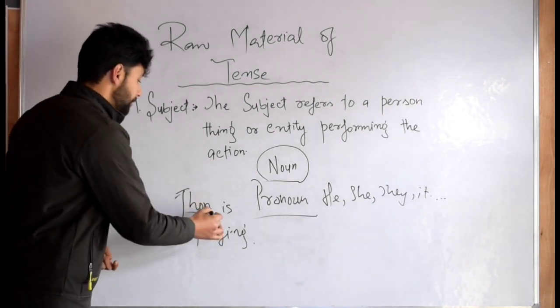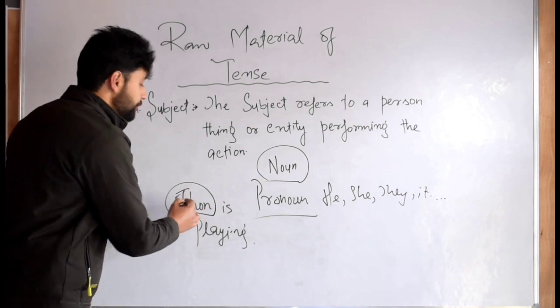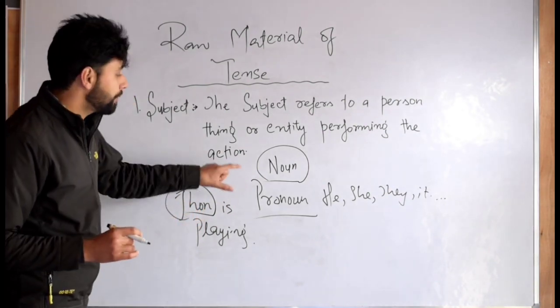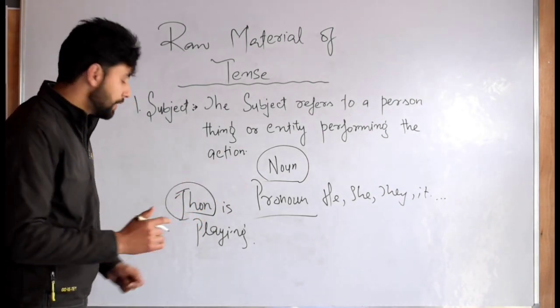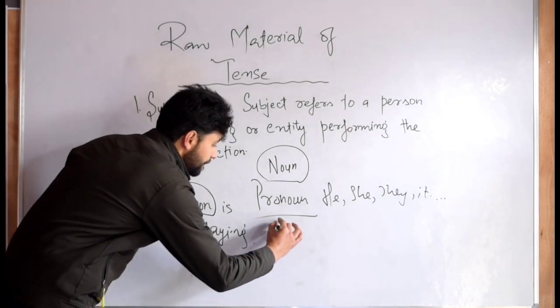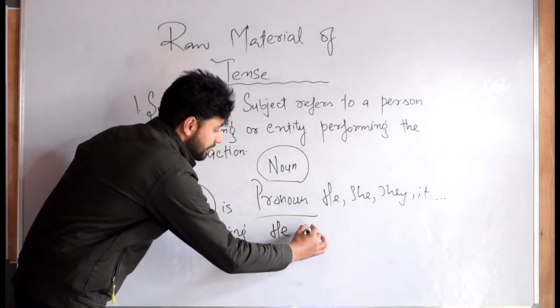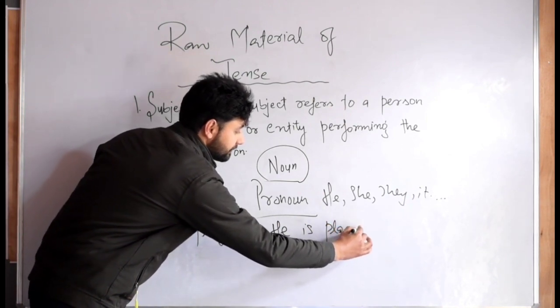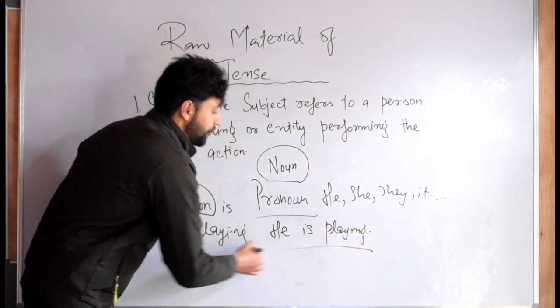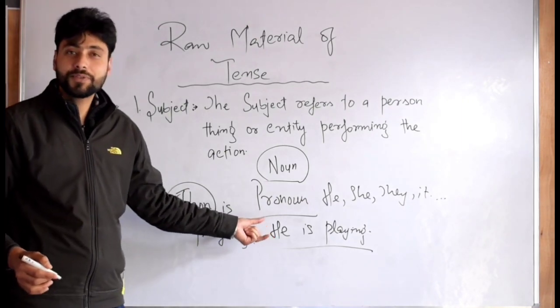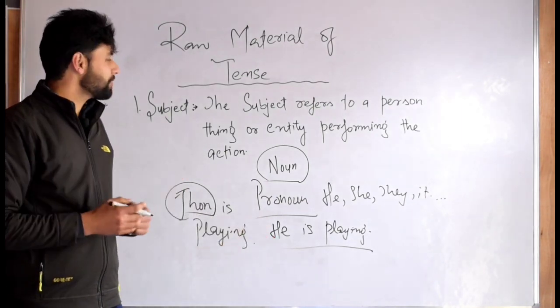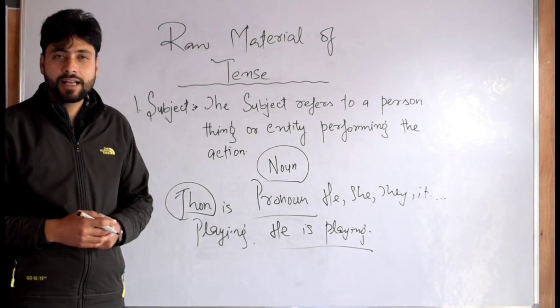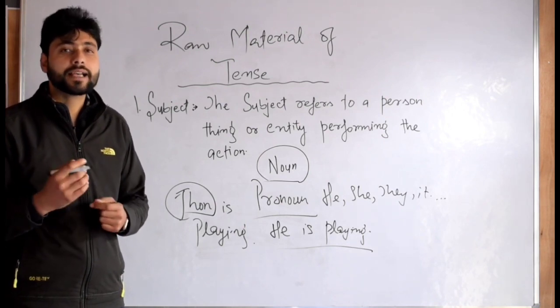We can also remove John and put the pronoun for John. We can say he is playing. So he becomes subject here. So this was something about subject. Let's move on to the next point.